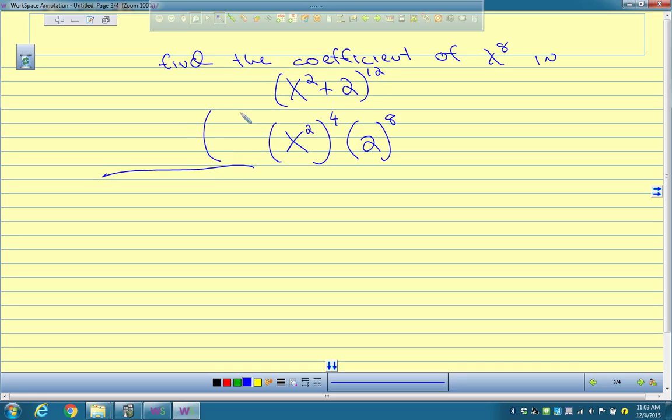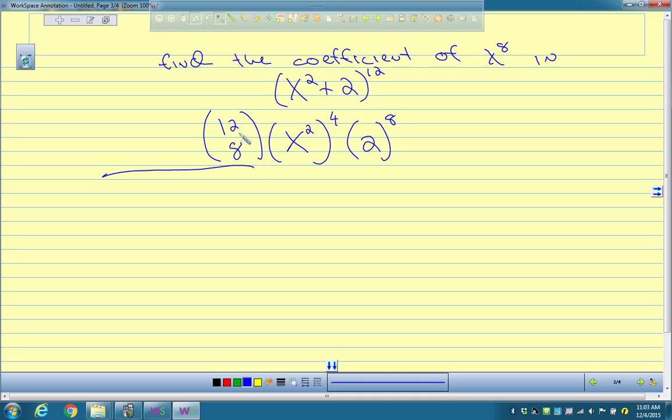Over here with the combination, I have a 12 up here, and then I have combination. This number here always has to match this number down here. Okay? So I get an 8 down there. You guys understand what I just did? Okay? So this number here always has to match the exponent of the second term, and this and this always need to add up to this.